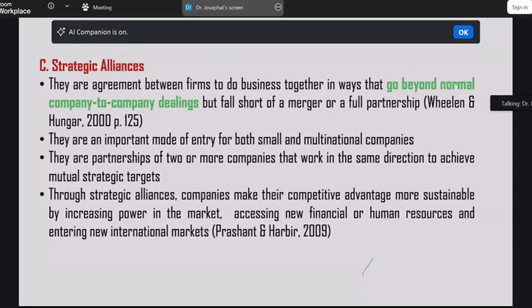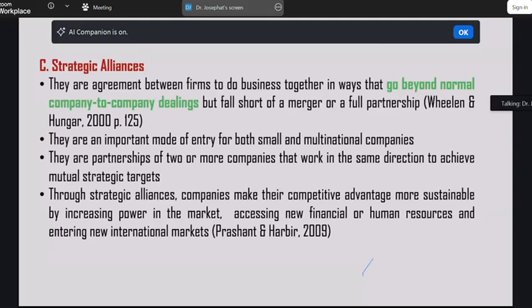So this is an important model of entry for both small and multinational companies. They are partnerships of two or more companies that work in the same direction to achieve a mutual strategic target. So strategic alliance companies make their competitive advantage more sustainable by increasing power in the market, accessing new financial or human resources, and entering new international trades.